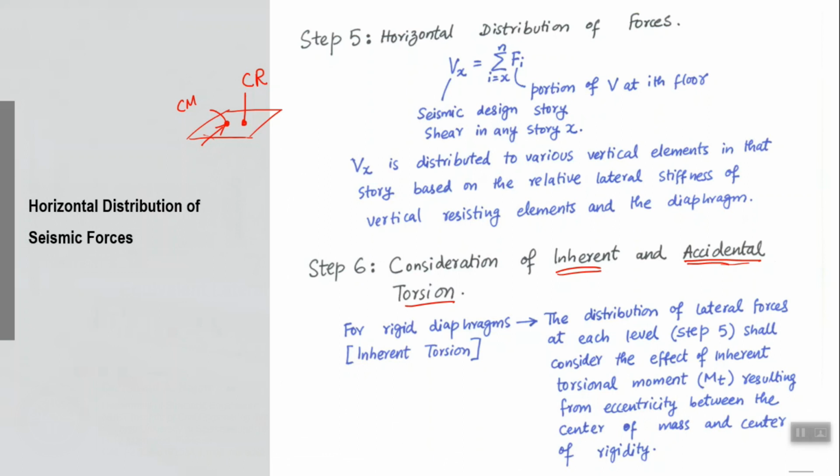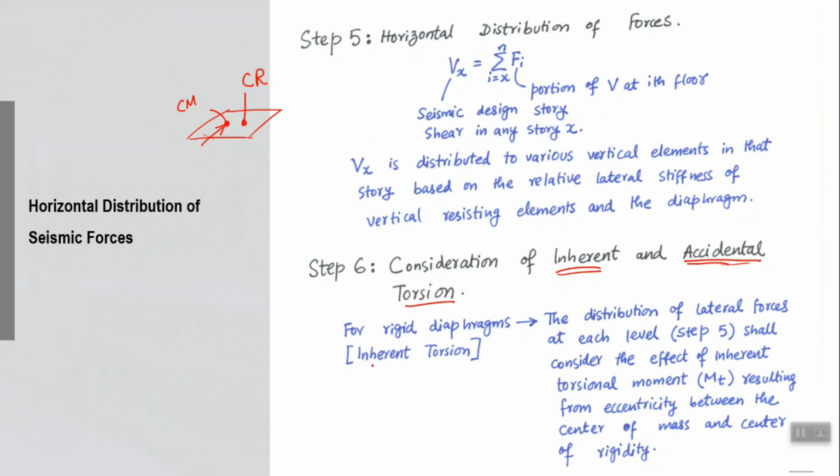Just assume that there is a 5% difference between these 2 points, and that additional moment, accidental torsional moment, is included in the analysis as the applied action, right. So, that will handle your unforeseen accidental torsion cases in future.